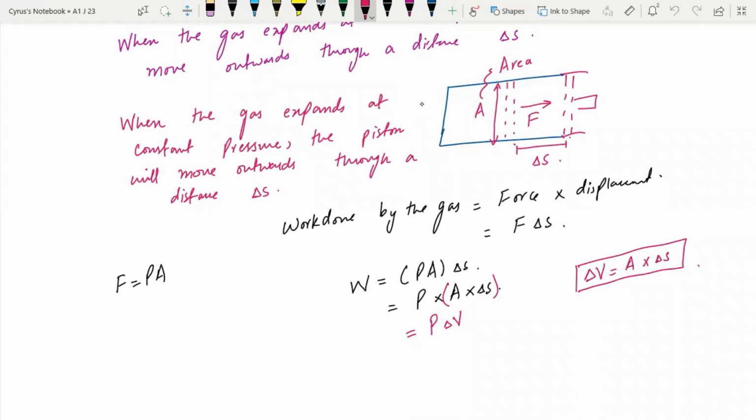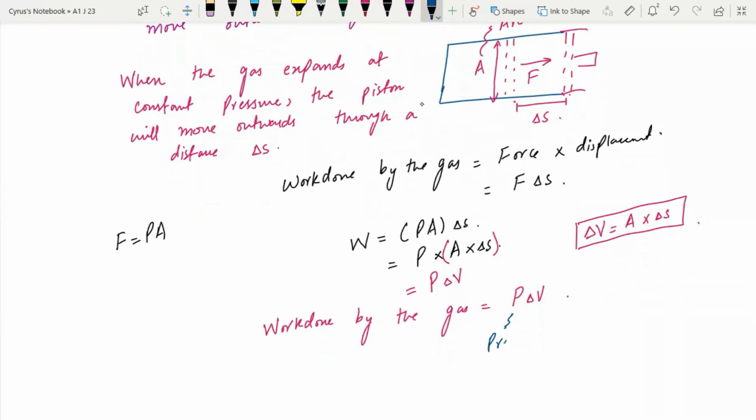So we can write here work done by the gas is equal to P times delta V, where P is the pressure and delta V is the change in volume.